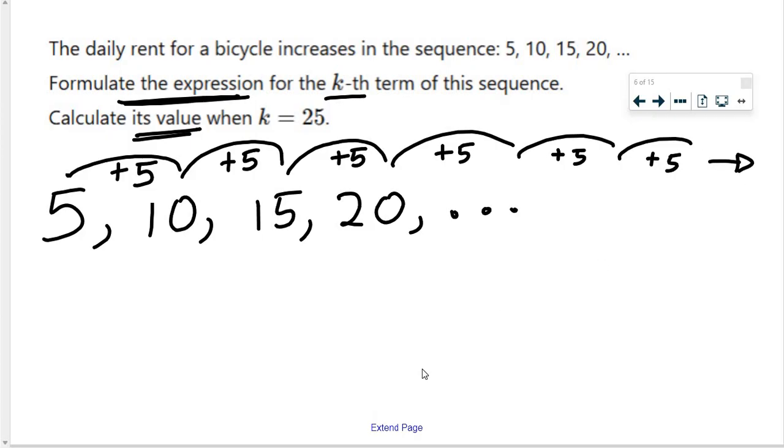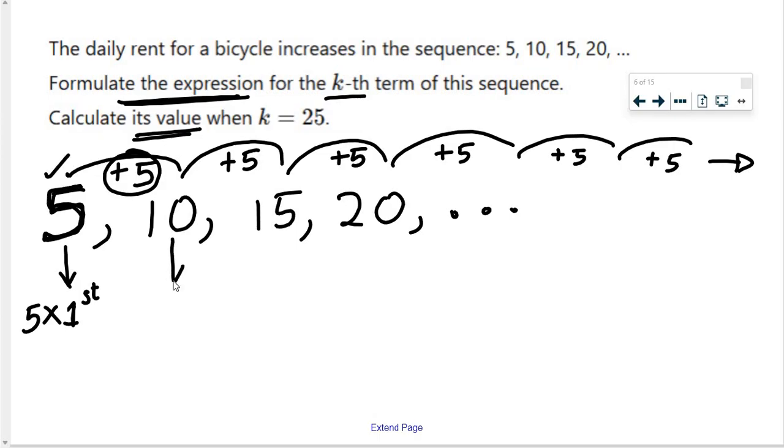What does this mean? It means that if you are looking for the first term, which is this number here, 5, you're going to take this number, 5, into 1. 5 into 1 gives you 5.